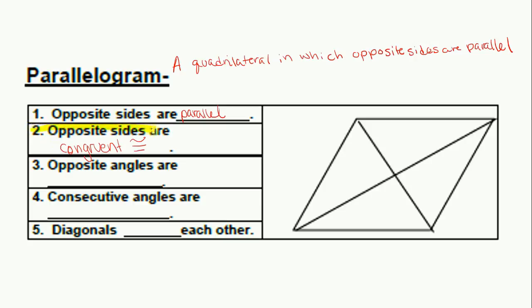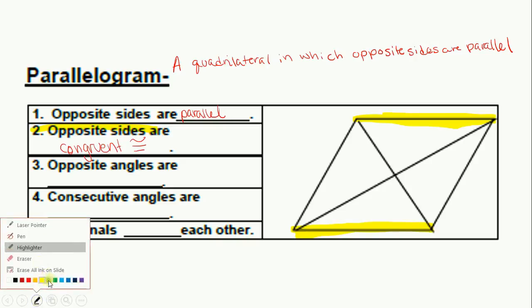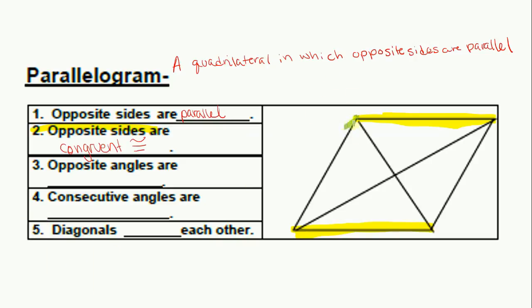So this side right here would be congruent to his opposite side, so the other side of the parallelogram. The other group, so this side right here, is parallel and congruent to that side.